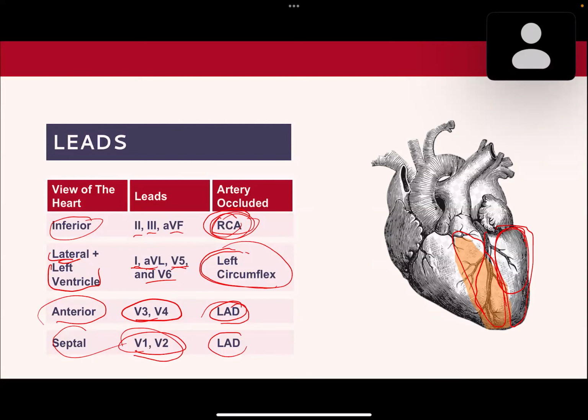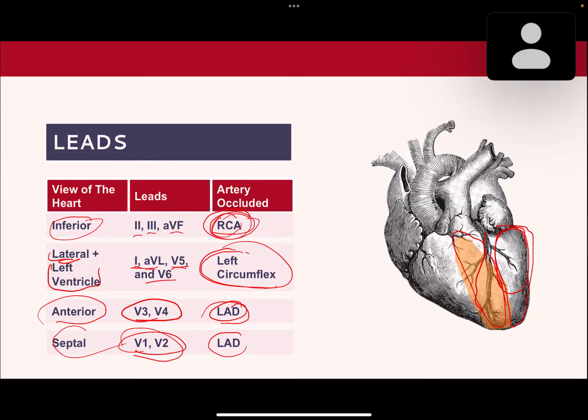Why? The heart is actually positioned in such a way that the right ventricle is lying on the diaphragm, making this right ventricle the inferior part of the heart. So what supplies the right ventricle?